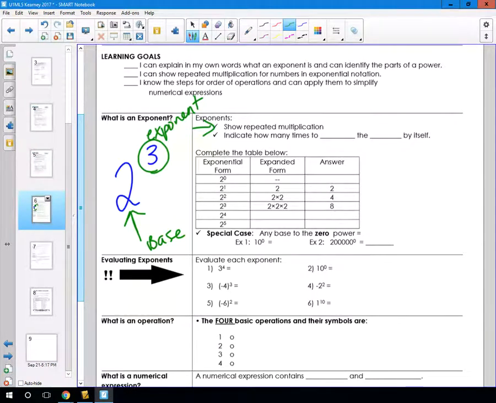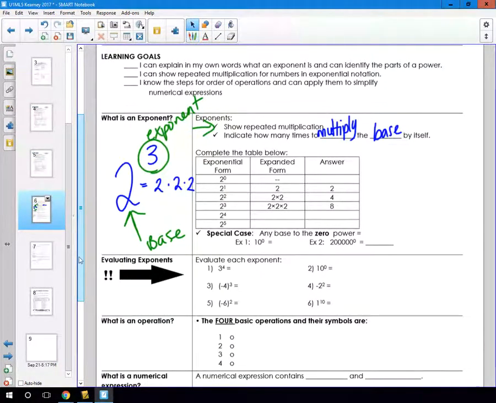And the exponent indicates how many times to multiply the base by itself. So 2 to the 3rd power means I'm not multiplying 2 times 3, I'm multiplying 2 by itself 3 times. So 2 times 2 times 2.